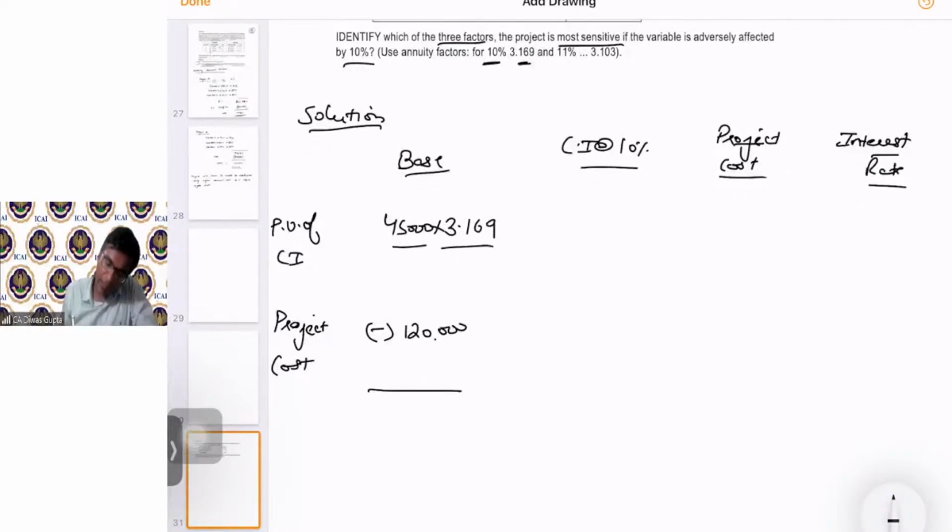Project cost is how much? Minus 1,20,000. If you multiply this and reduce 120, the amount comes as 22,605. So this is the NPV at base case.